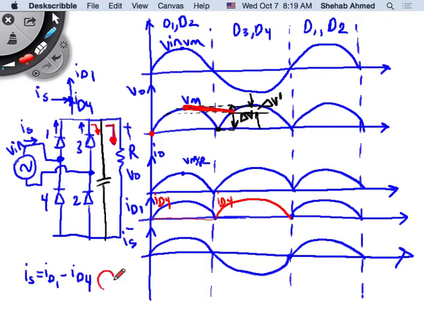The equivalent circuit looks like this: just an AC source with a capacitor and resistor across. Both of them will be fed from the source. And then this happens all the way until maximum voltage here. So at maximum voltage, my capacitor has maximum voltage across it. Sure, great. And then what happens?